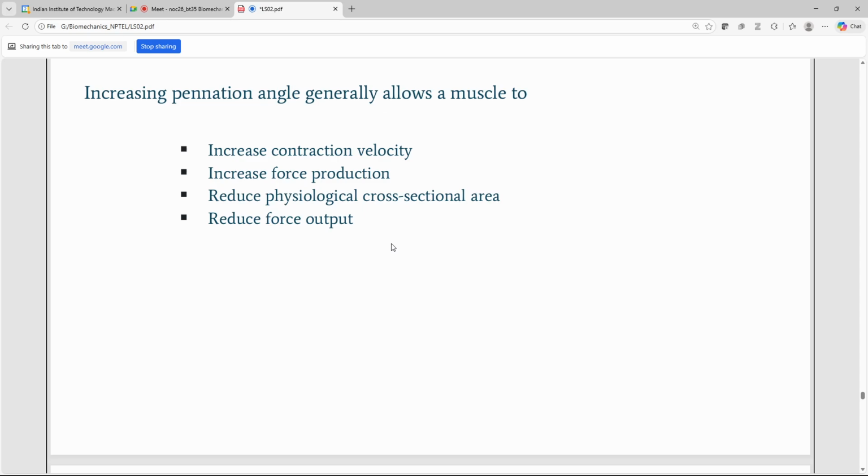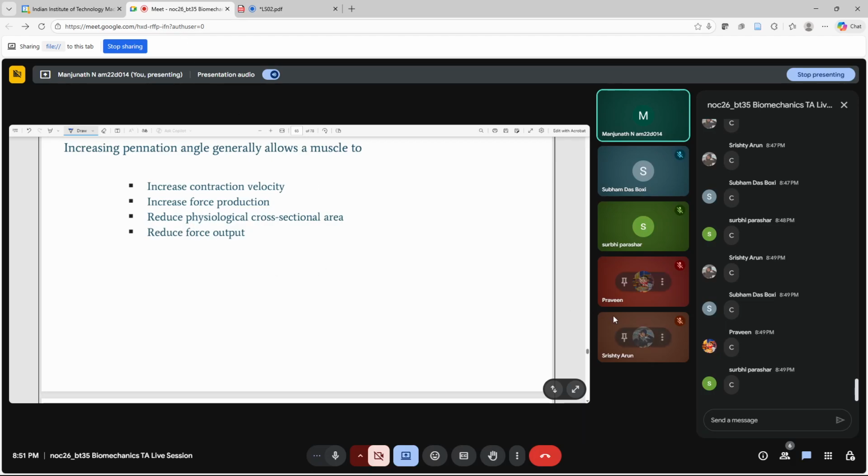So, an increase in pennation angle generally allows a muscle to do which among the following?